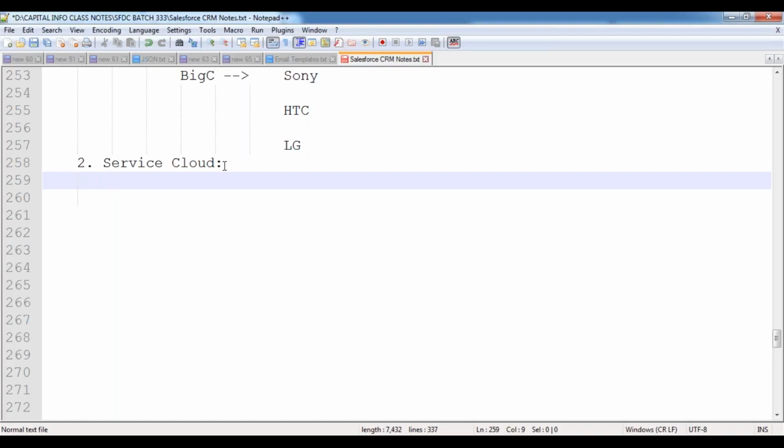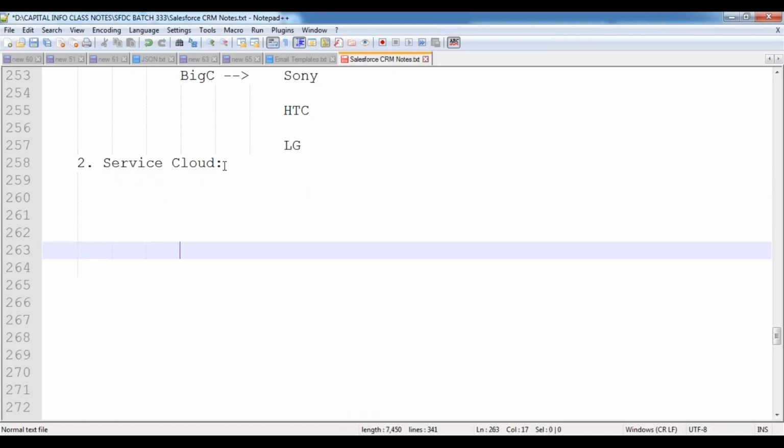Now, let me explain a small scenario so that we can understand more. For example, we have an organization like GE. Everybody is aware of this organization. GE means General Electric. What are they doing basically?